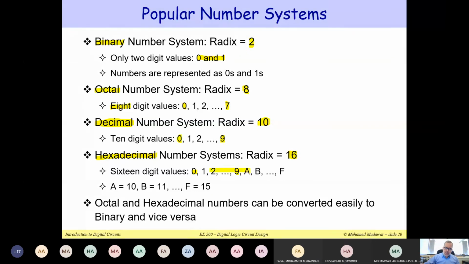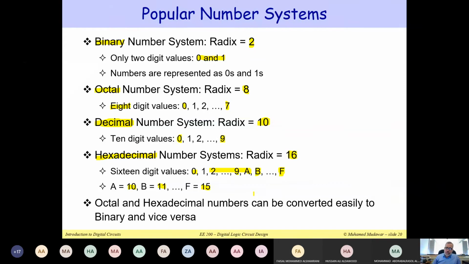So we use the letters A, B, all the way to F. These are 6 additional letters that we are using to represent the 16 digits. So A is 10, B is 11, C will be 12, D will be 13, E will be 14, and F will be 15. So these are 6 extra digits. Now we don't write 10 as 10, we write it as A. It's a single digit in the hexadecimal number system.